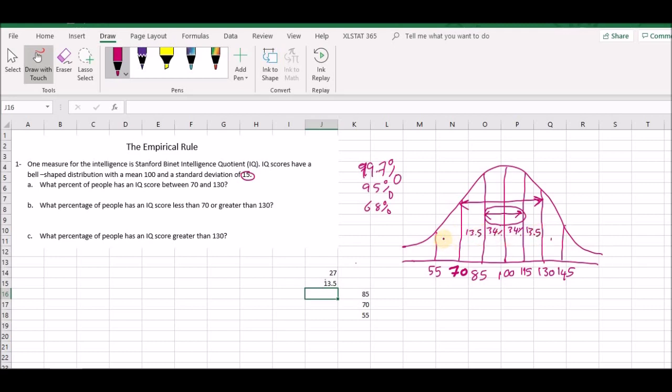To come up with these areas, you know that all of this area represents 99.7%.